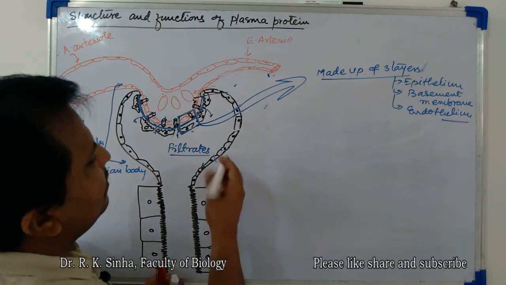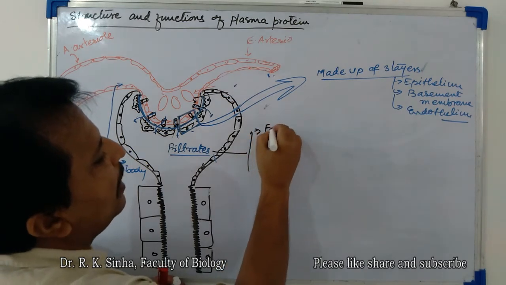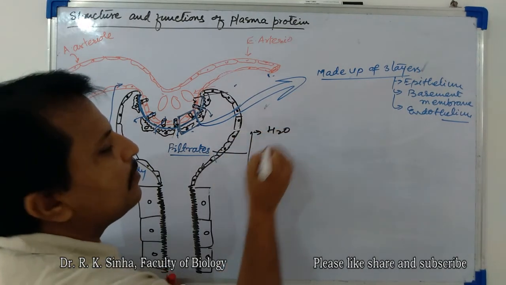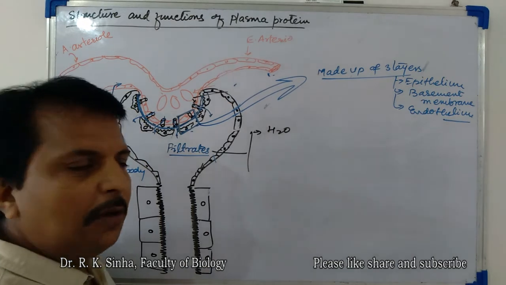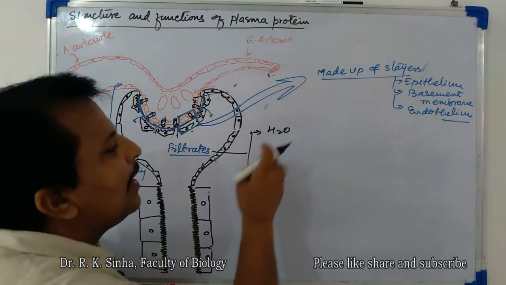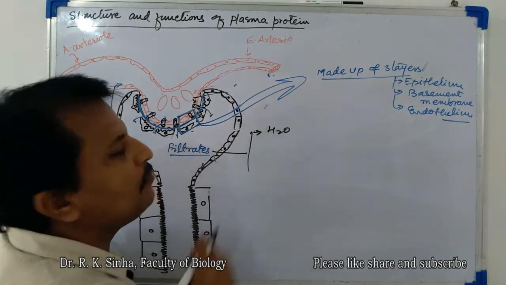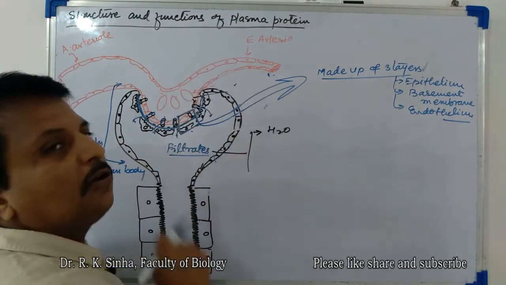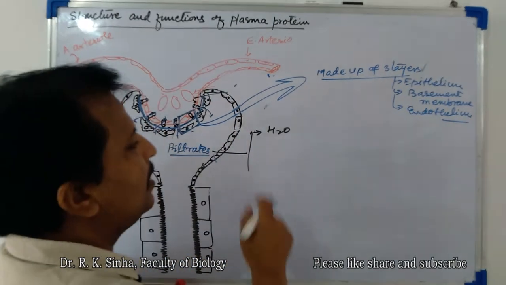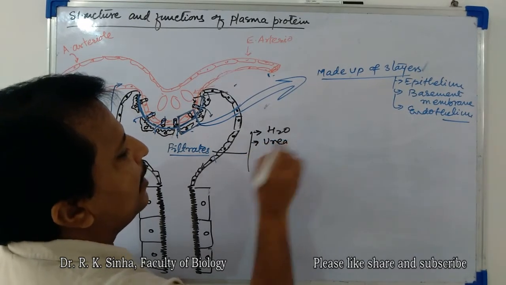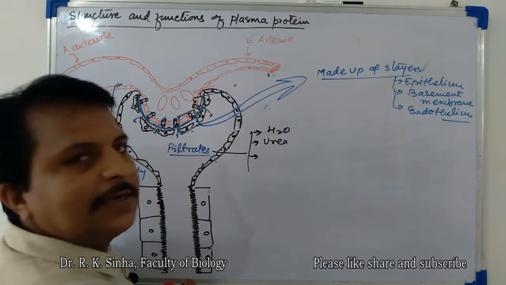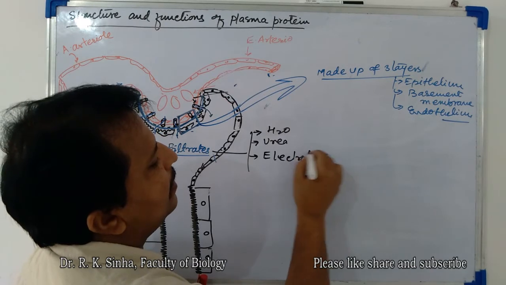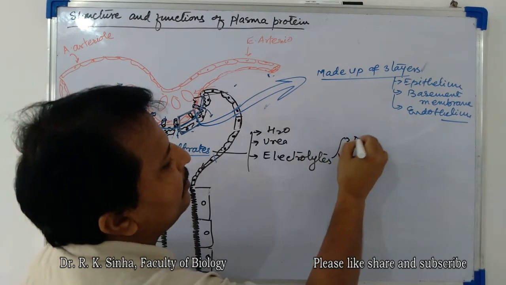Here we can see, cannot pass. H2O, most important, the soluble material that will cross through will first dissolve in this water. So water will pass out, and an extra amount of water will also pass out to maintain the osmolarity or homeostasis of the body fluids. H2O, second is urea, third one is electrolytes, like sodium ion.